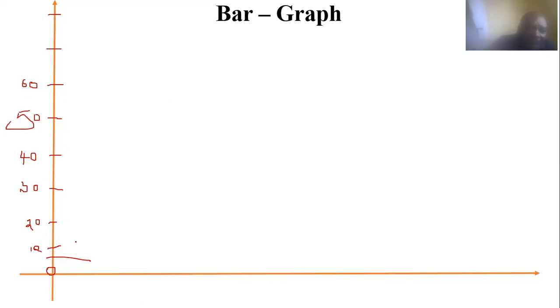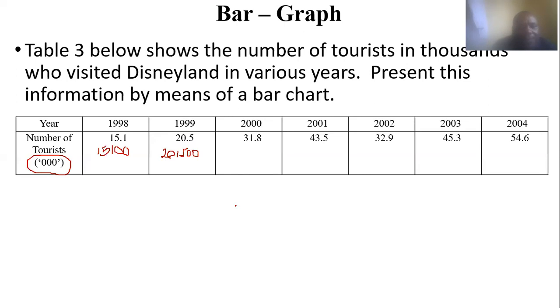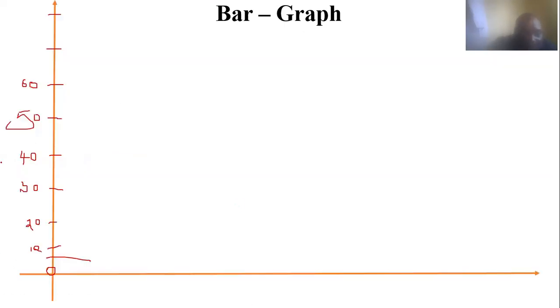Then I'll come and look at the bar, the first year. The first year is 15.1. So I'll come and locate 15.1. 15.1 should be somewhere there, yeah? And I draw my bar in that manner. This is 1998.